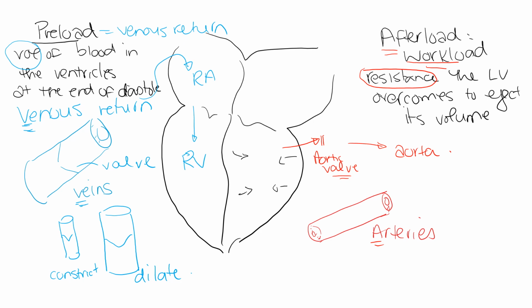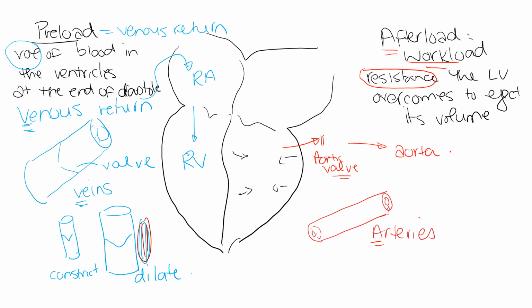And just remember, there's not a lot of strength in veins. So a vein requires the assistance of muscles in order to send blood back to the heart. So we need muscle contractility to squeeze veins and push blood back. So when you have a constricted vessel, how do you think that might affect preload?